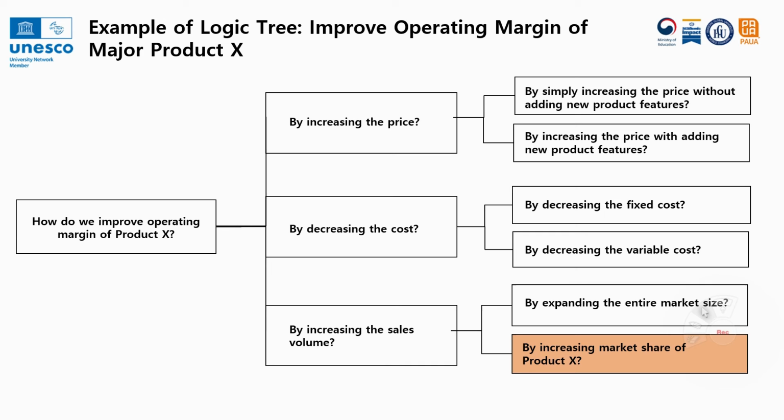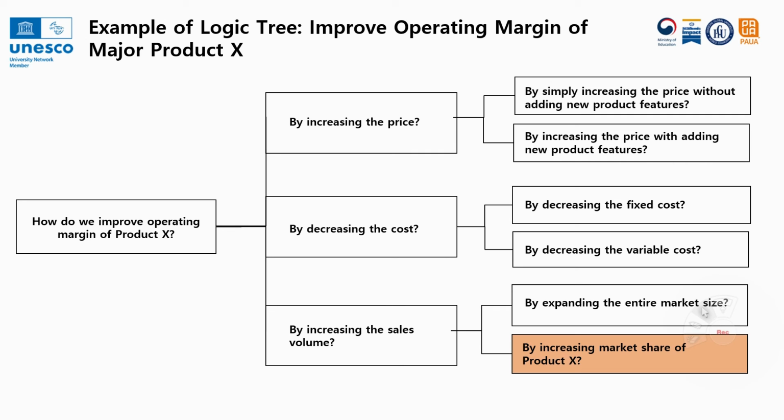So in short, there are three different ways of improving our operating margin of product X. One is increasing the unit price. Option number two, decreasing the unit cost. Option number three, increasing the sales volume while maintaining the unit price and unit cost at the current level.